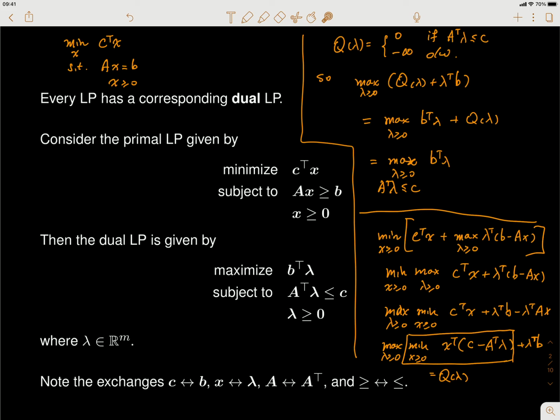It's just the same thing, and we look at it from a different angle. So that is the dual problem.